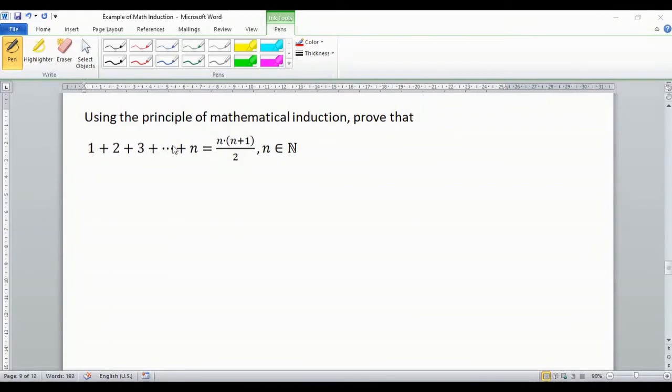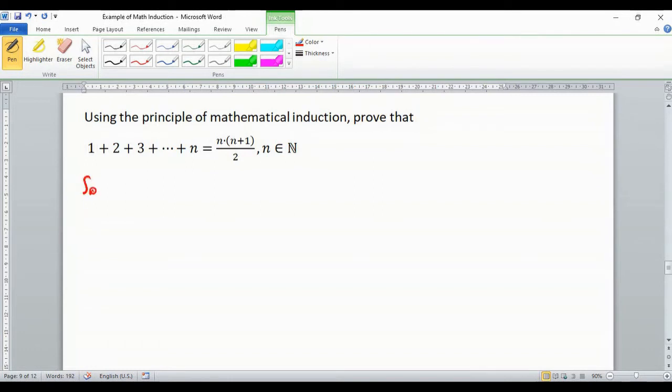Using the principle of mathematical induction, prove that 1 plus 2 plus 3 plus dot dot dot plus n equals n times n plus 1 over 2, with n an element of natural numbers. Because we're talking about mathematical induction, we already know it has two steps, everyone.